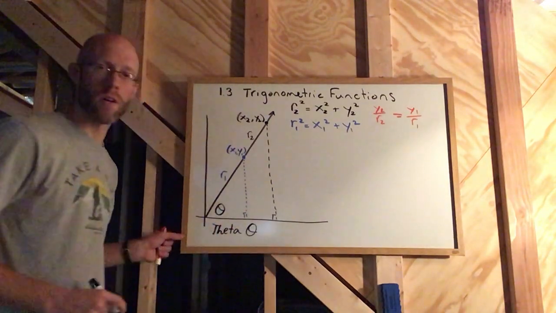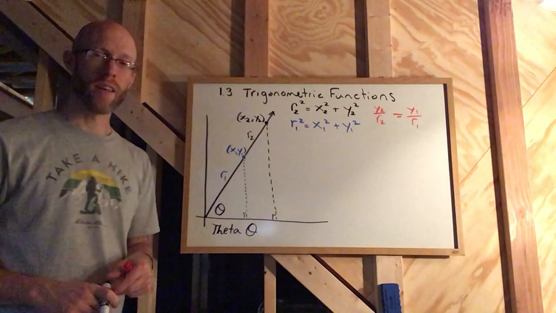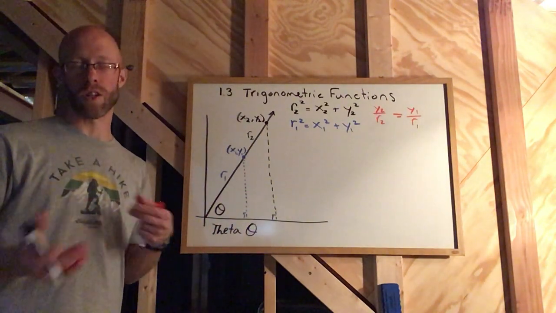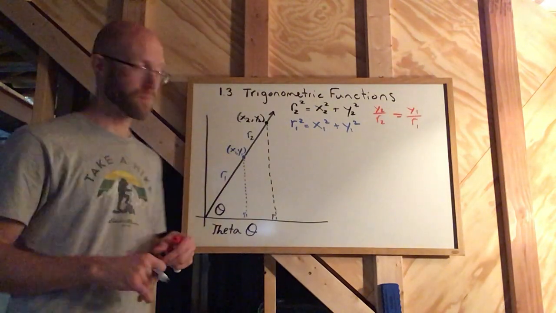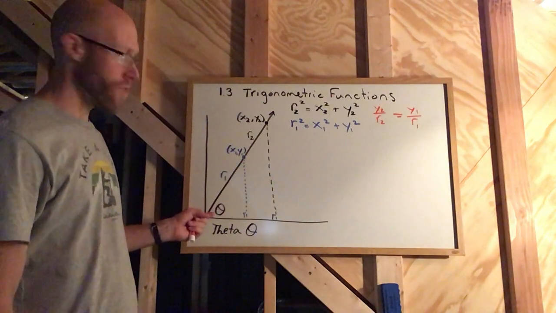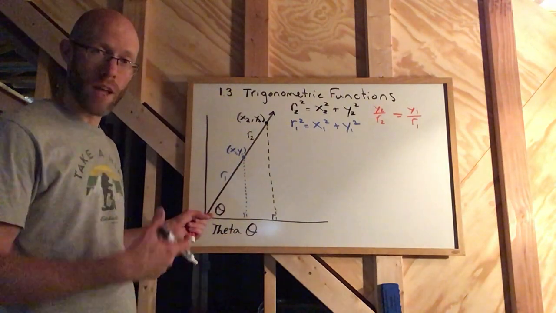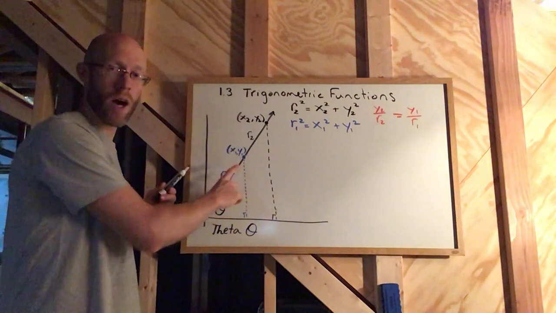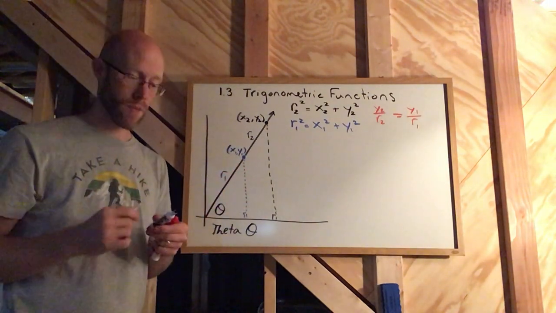Roughly speaking, it looks like a 0 with a slash, and it represents angles. At least we're going to use it for angles quite a bit. Okay, so anyway, as long as that theta is fixed, the angle isn't changing, then the ratio of the vertical side to the hypotenuse will always be the same.